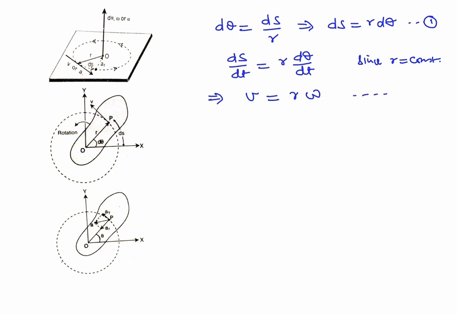So this is equation number 2, where v is the linear speed of the particle along the tangent at any time t.